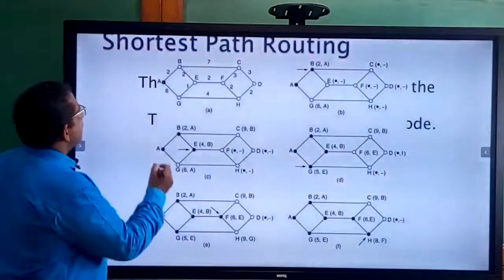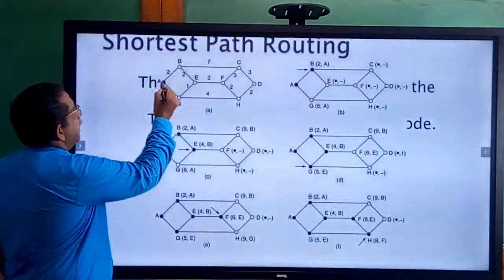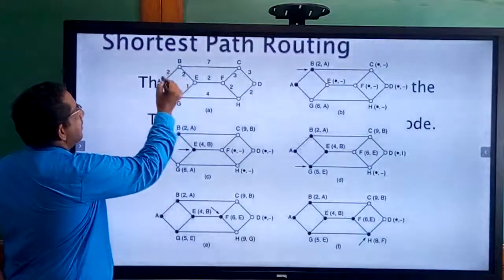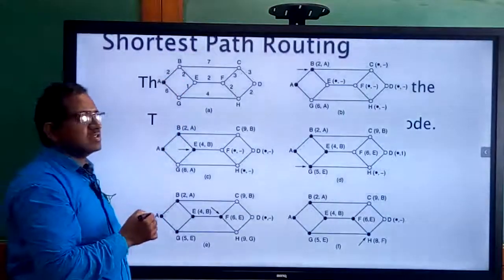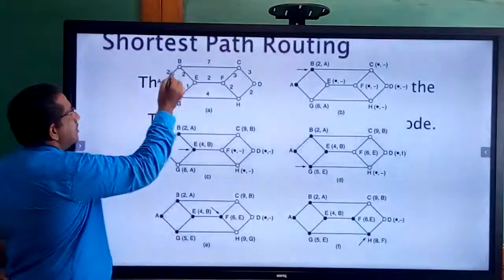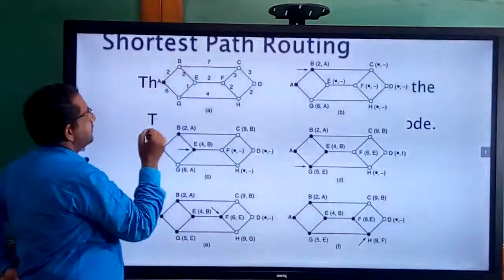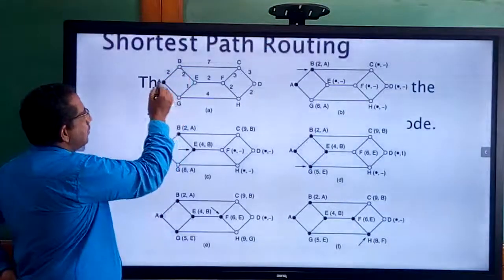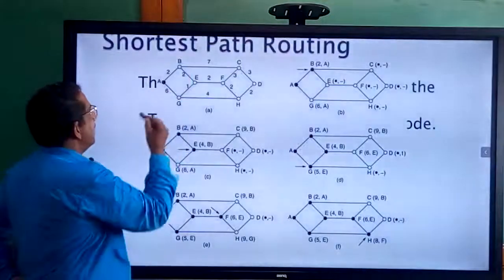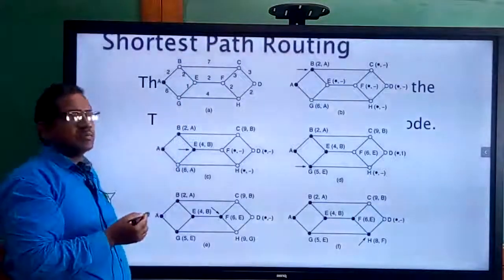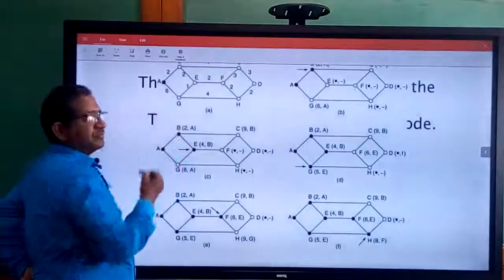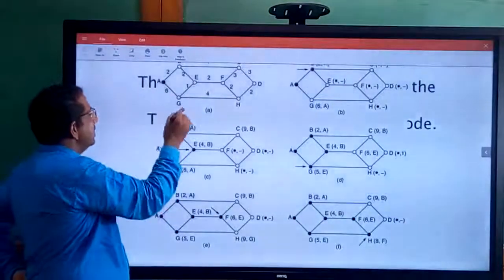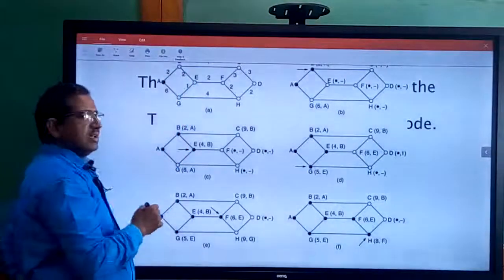Alright, now here if you see carefully, this is A to B, it is having a number 2, means what? It is the shortest distance. There are nodes, say B and G. This B and G are connected to A. That means after A, what are the nodes which are there in the network? It is going to be B and G. Among B and G, which is the shortest?